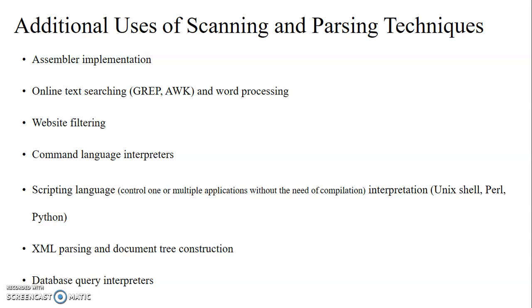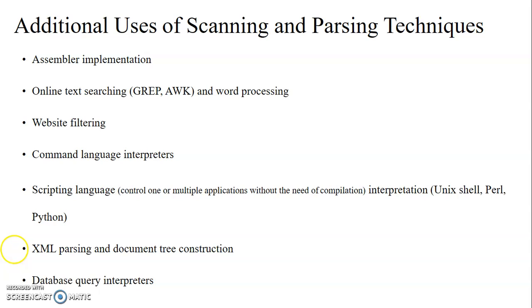Then they are used in online text processing and searching, website filtering, command language interpreters, scripting language and program. We have different languages: programming language and scripting language. Here the scripting language, in the sense, will control one or more applications without need of compilation.